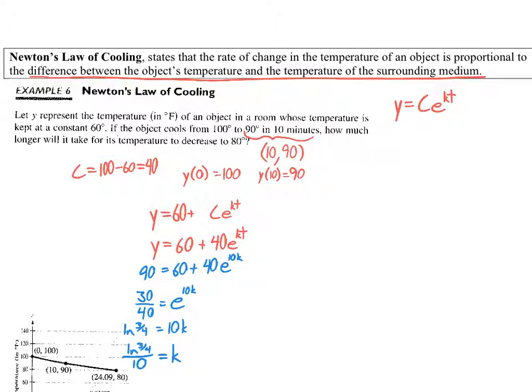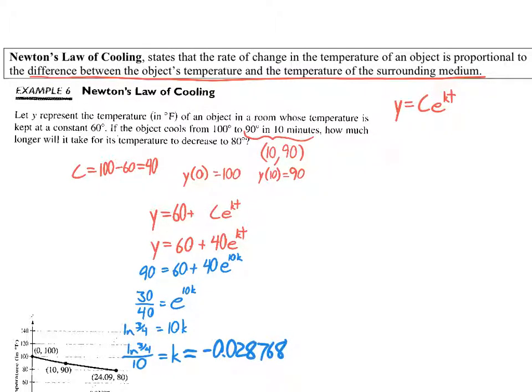Now, if I get the calculator out at this point, 0.75 ln, divide that by 10, and I get k equal to a negative 0.028768.